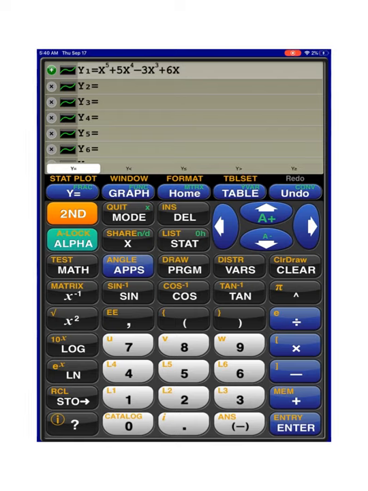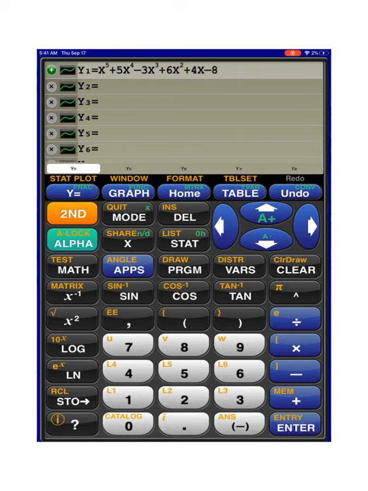It doesn't matter how long it is. We're just going to graph the numbers that the assignment gives us. 4x and minus, let's say, 8.